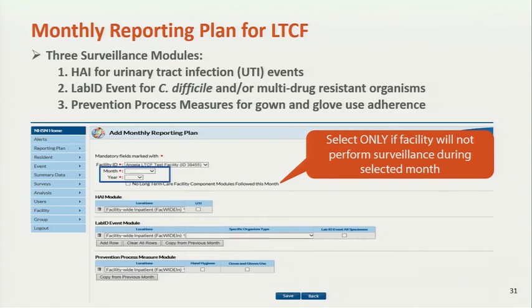This module uses the Lab ID event methodology, which you will learn about later today. And lastly, there's the option for the prevention process module, which allows facilities to report hand hygiene and gown and glove use data into the NHSN.